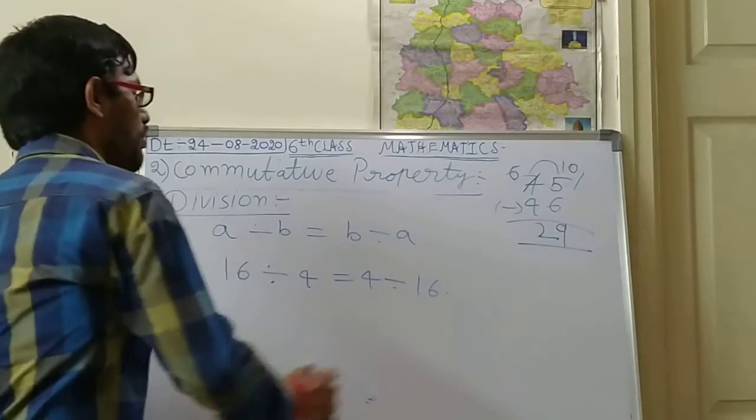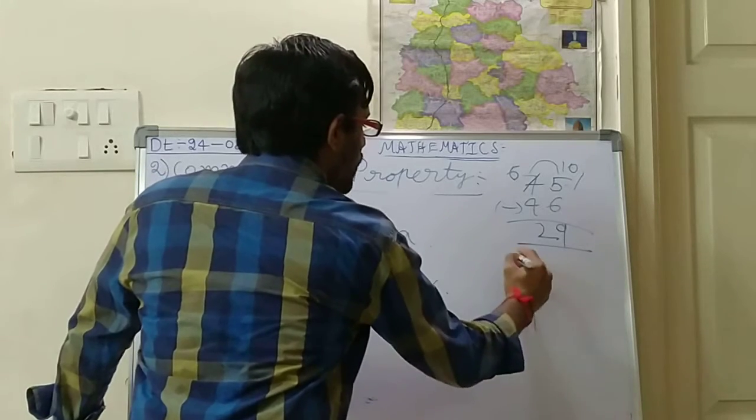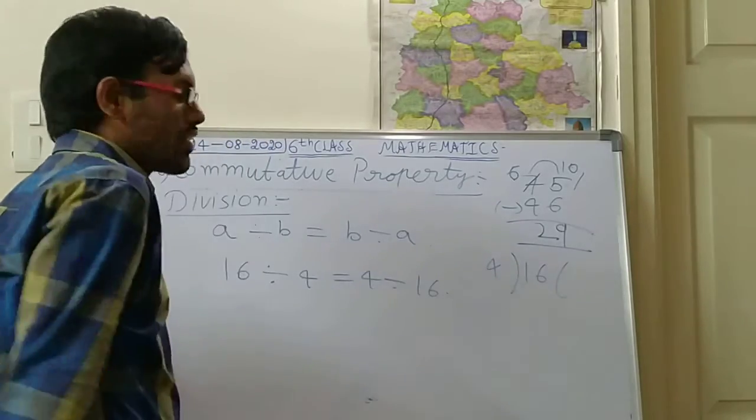So what is 16 divided by 4? 4 times how many is 16?